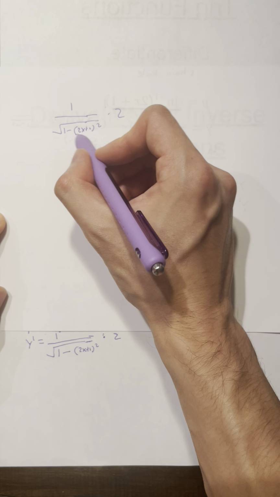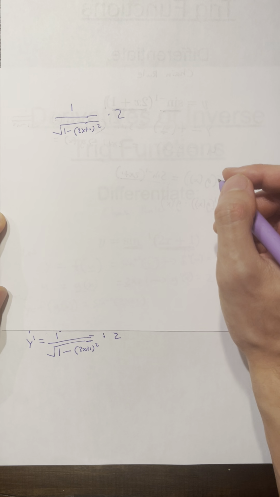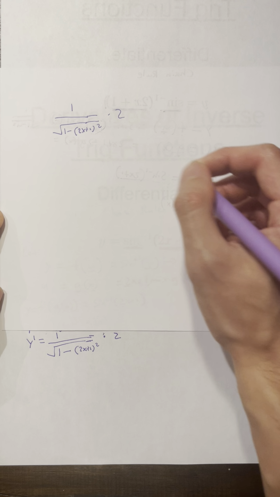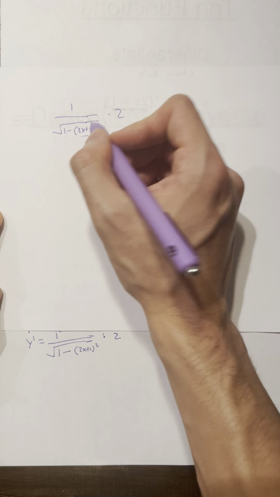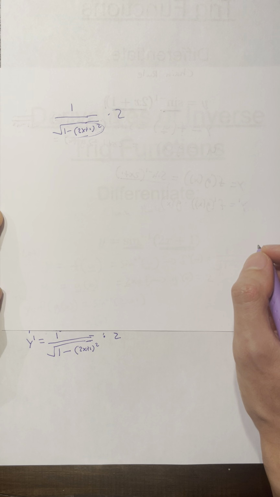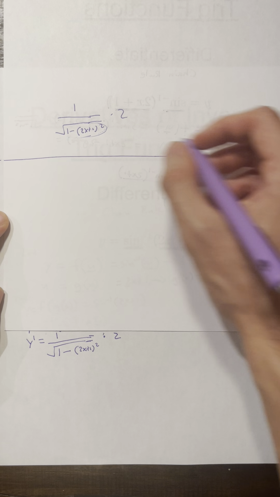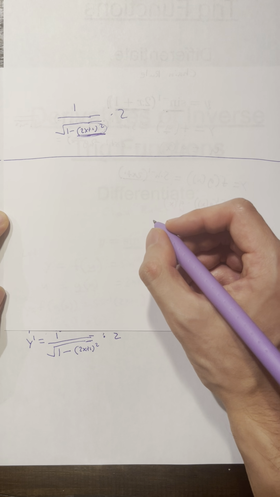Well, let's simplify what's underneath the radical first. Okay. So how should we simplify this? What is this equal to? What's 2x plus 1 squared?